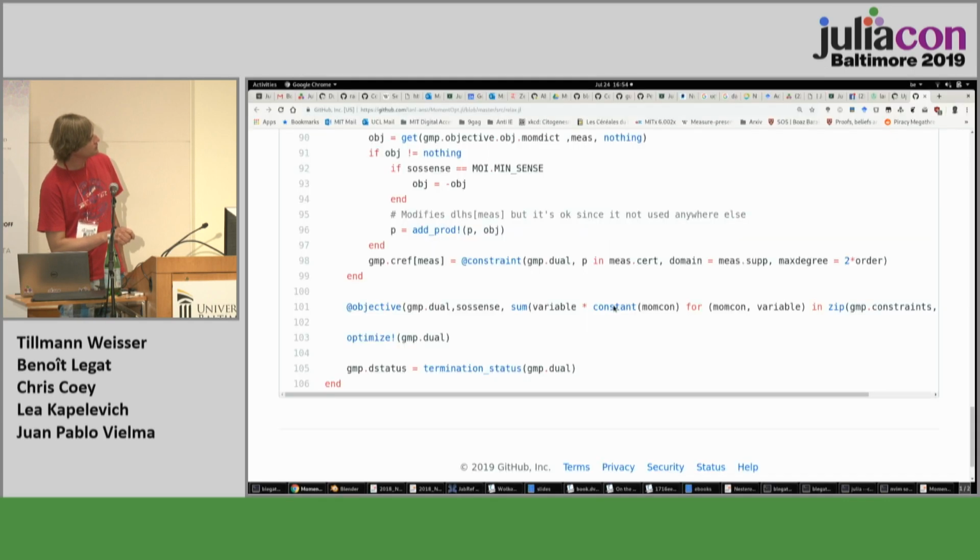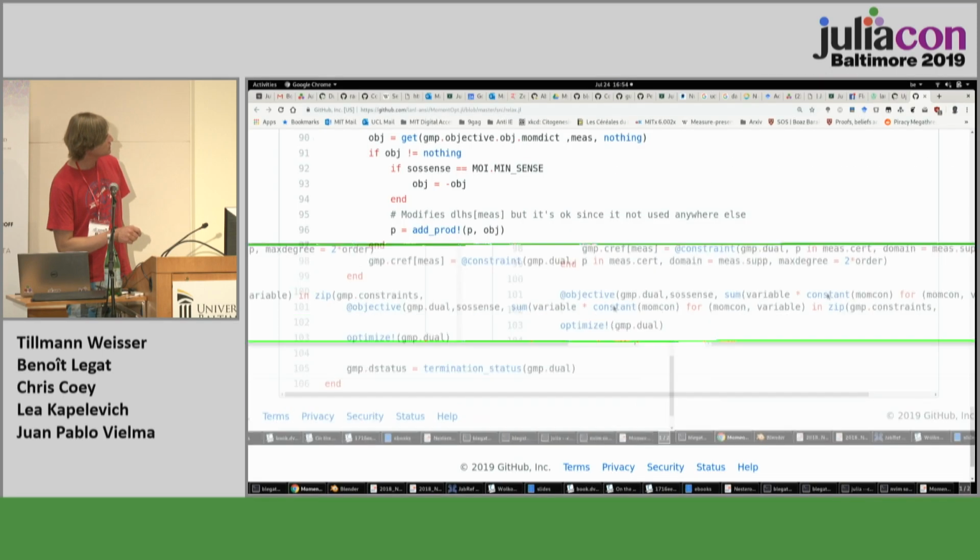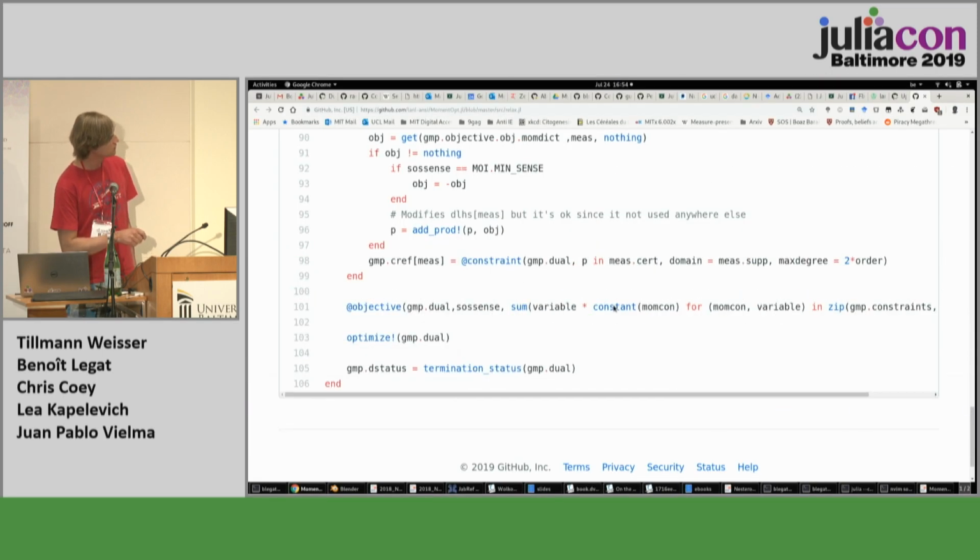I give it the domain, so the set K, the support, and here the relaxation order tells me something more about how I want to use this certificate. So here, if it's sums of squares, for example, this will say that it's sums of squares of degree up to 2 times order. Okay, so these are the constraints added to the dual model. Then I still need an objective. This is the variables times the constant, so the right-hand side of my moment constraints.